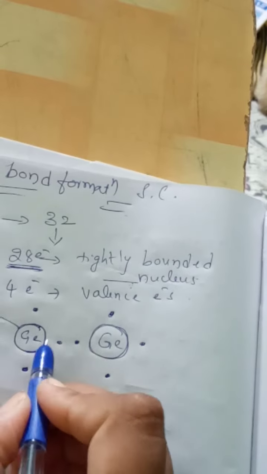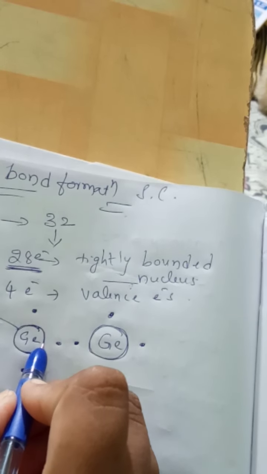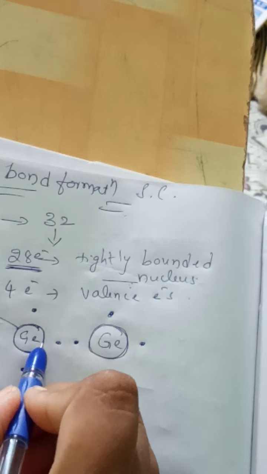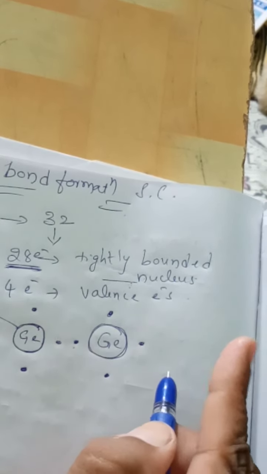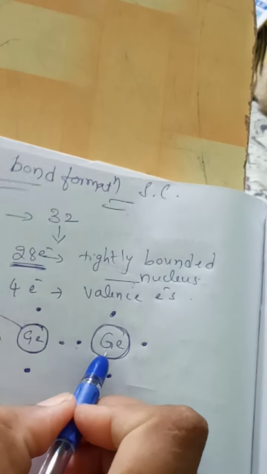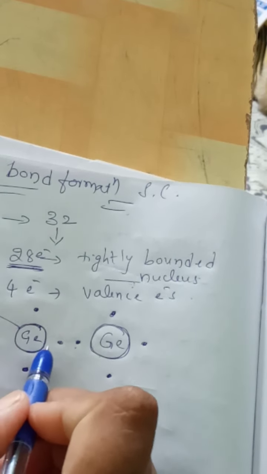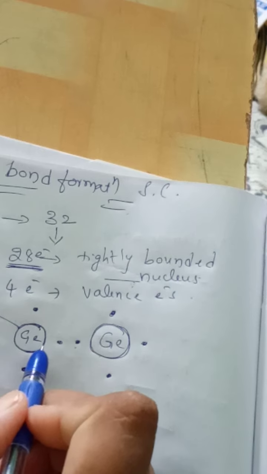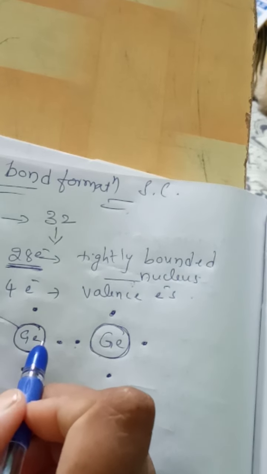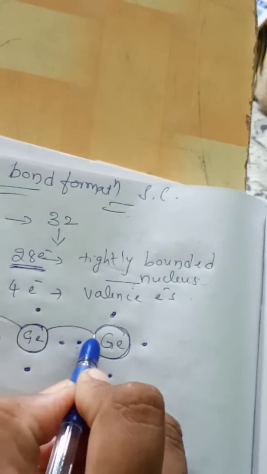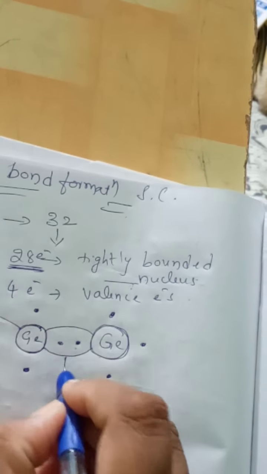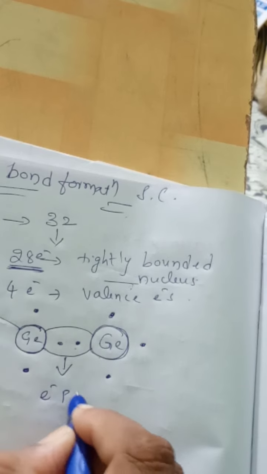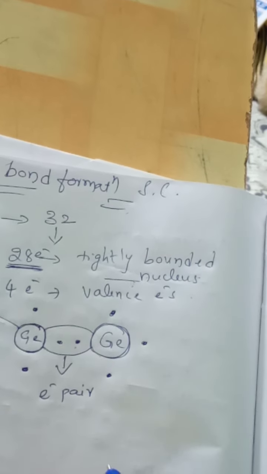Now, there will be a force of attraction between the ion core and the valency electron of the next germanium atom. Similarly, this germanium atom's ion core also attracts the valency electron of the first germanium atom. In such a way, an electron pair is formed.